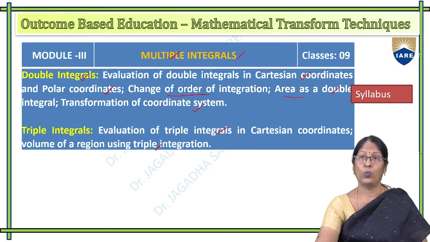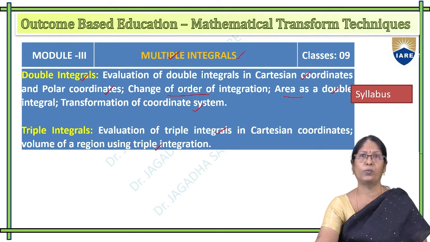Whereas, for the given area, we have to use double integration. The area bounded region, the limits we want: x direction from where to where, y direction from where to where. And how to identify the given problem which is in triple integrals.